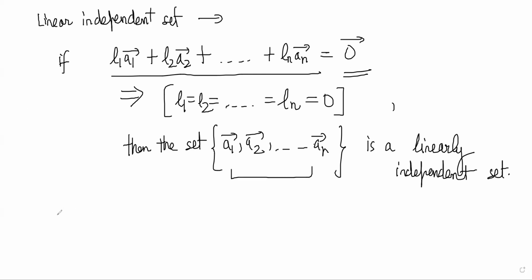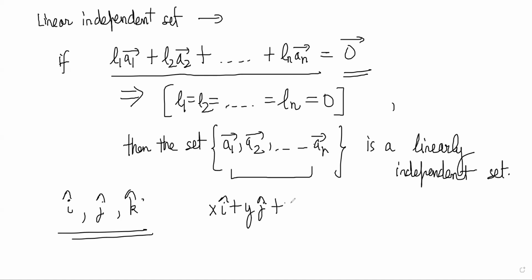For example, a simple set of independent vectors is i vector, j vector, and k vector. These three vectors are independent of each other because anytime you have xi plus yj plus zk equal to 0 vector, that automatically means x is equal to y is equal to z is equal to 0.